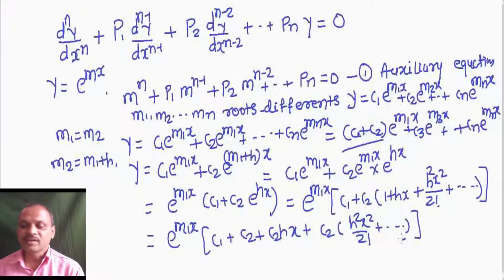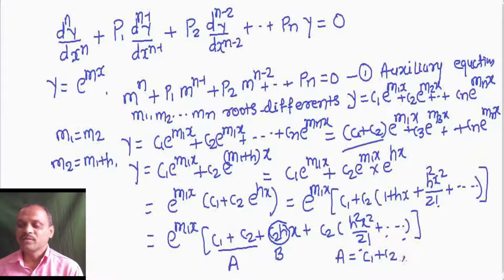Now friend, here we replace c1 plus c2 by A, and c2 times h by B.